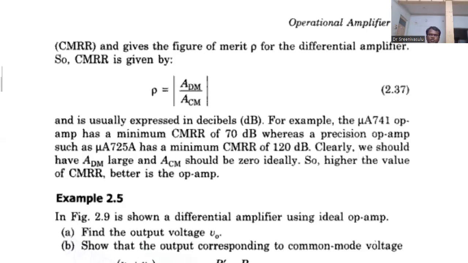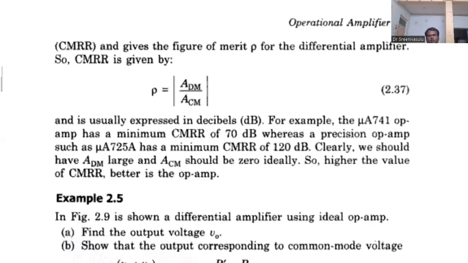But in practical op-amps, the common mode gain is not 0; some common mode gain is always present. Whenever the common mode gain is less, the common mode rejection ratio is going to be more. There are no units for this, which is why we apply 20 log, so it is expressed in decibels.